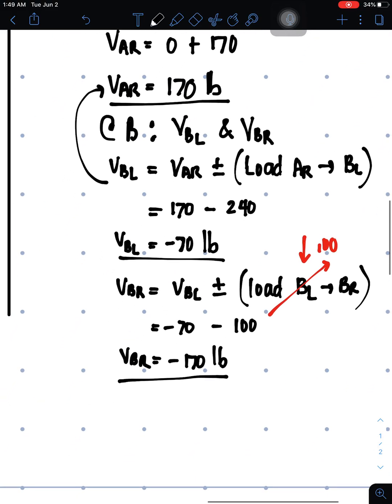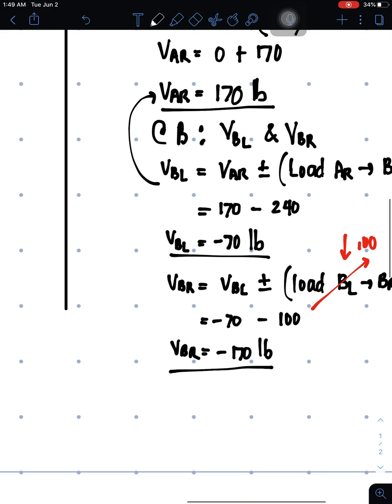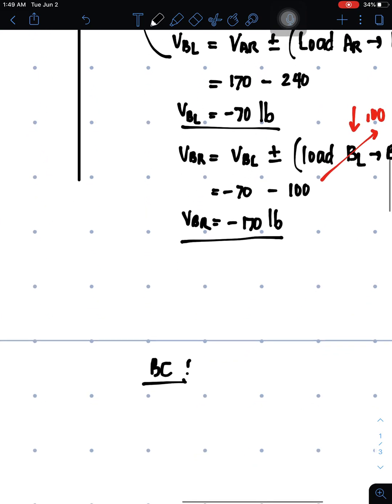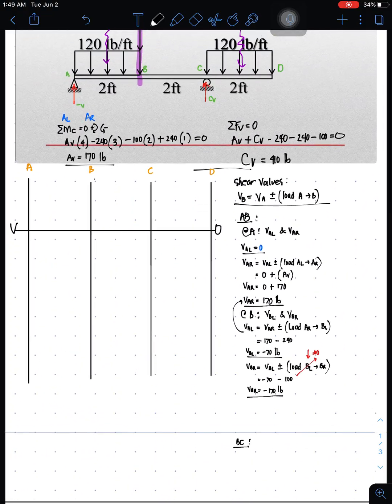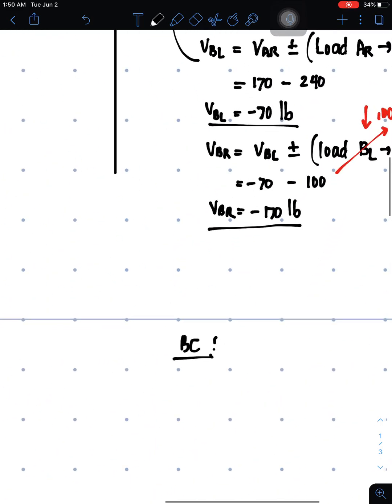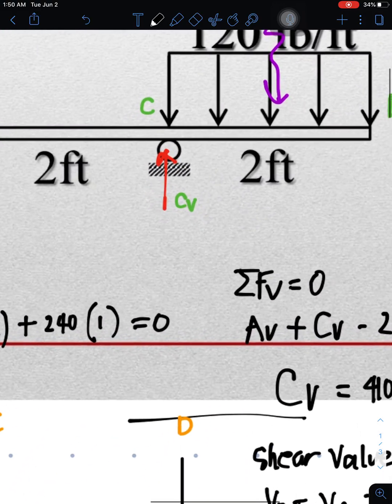Next, let us proceed to segment BC. Segment BC, where we're plotting point C, since we're done with point B. So let's plot point C. At point C, is there a concentrated load?